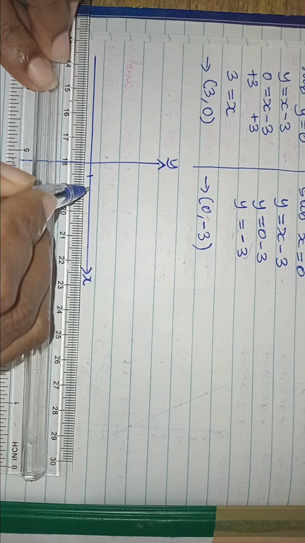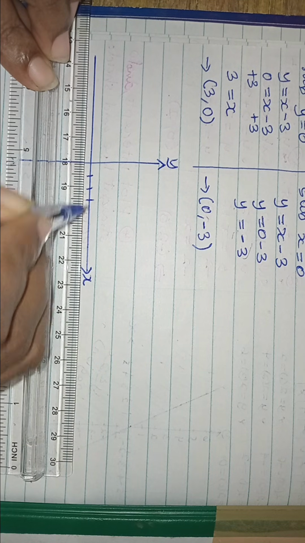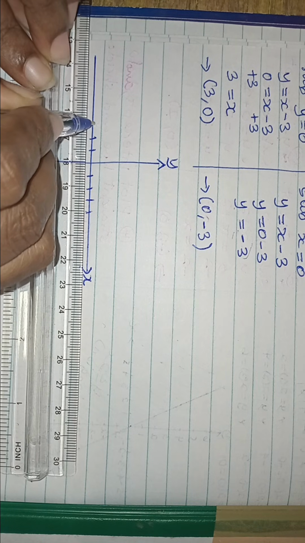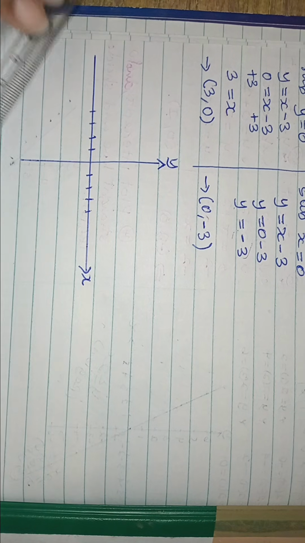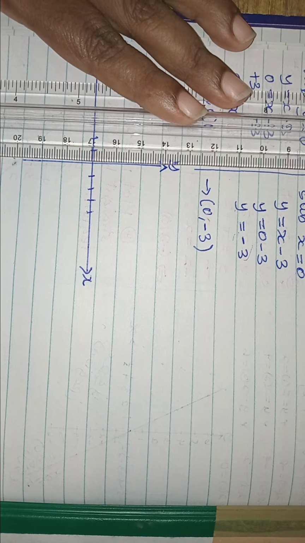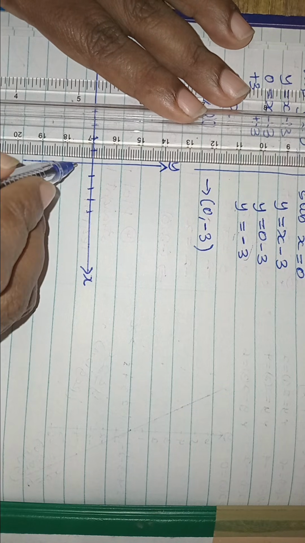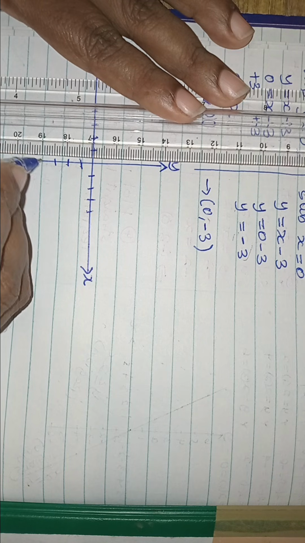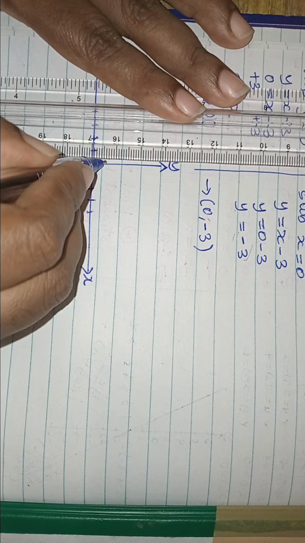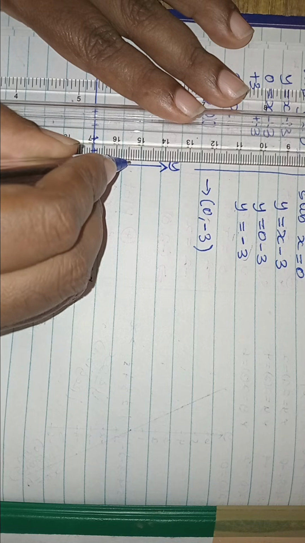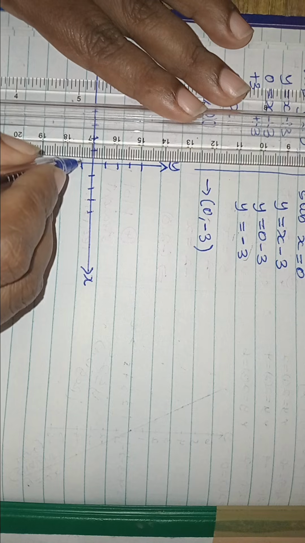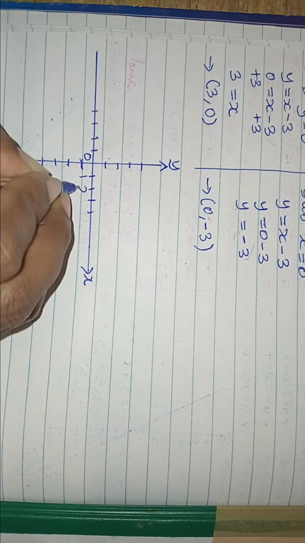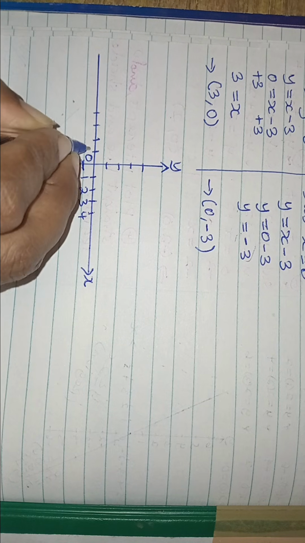Okay, I'm gonna go 1, 2, 3, 4. Alright, mark the scales. 1, 2, 3, 4.